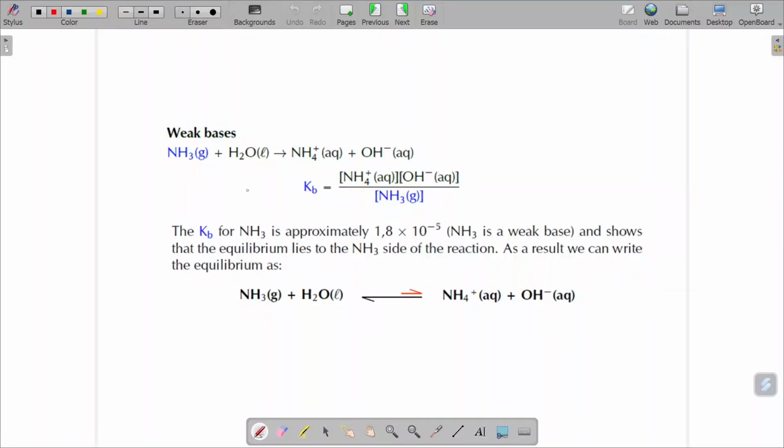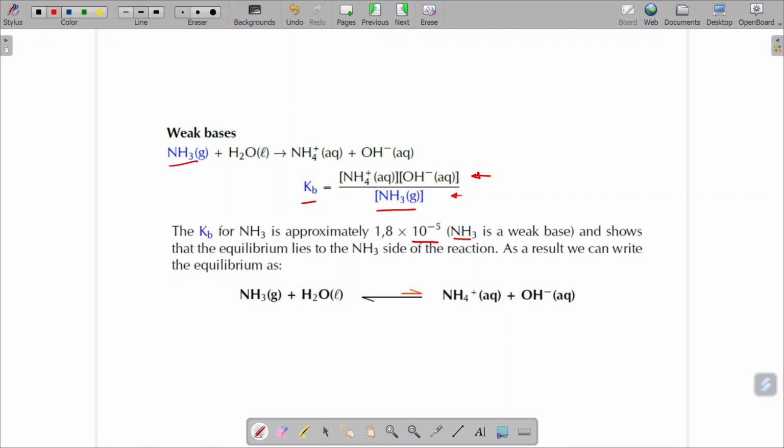For a weak base, like ammonia in water, this is the reaction. Once again, writing the Kb value for a weak base, you see that this is of the order of 10 to the minus 5 because it's a weak base. That means that the concentration of our products at the top is much less than the concentration of our reactants.